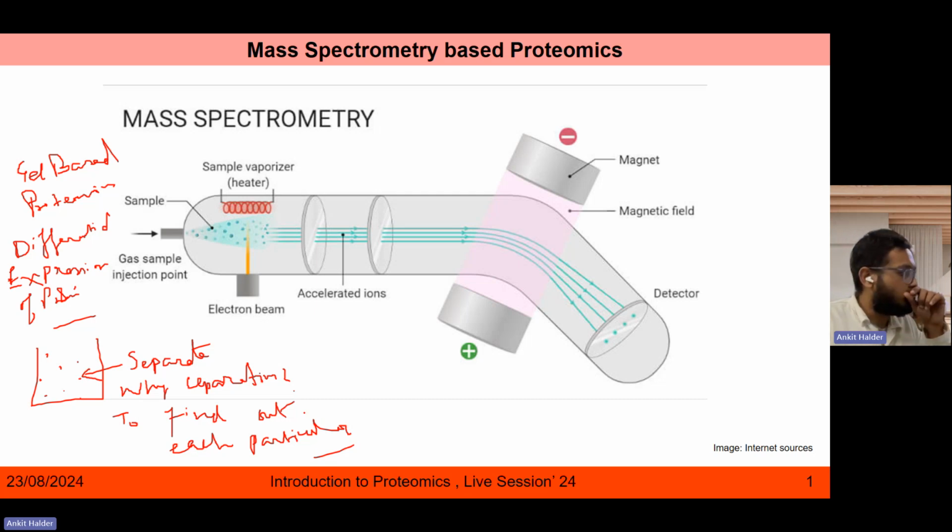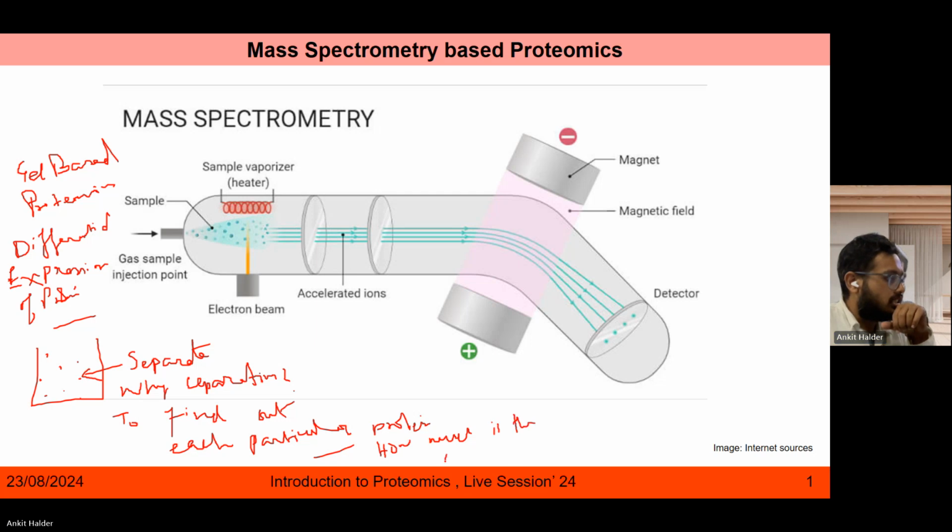So for each single protein, how much is the difference in its abundance, or its expression level, is what we need to understand at the level of differential expression of proteins, or abundance-based proteomics.